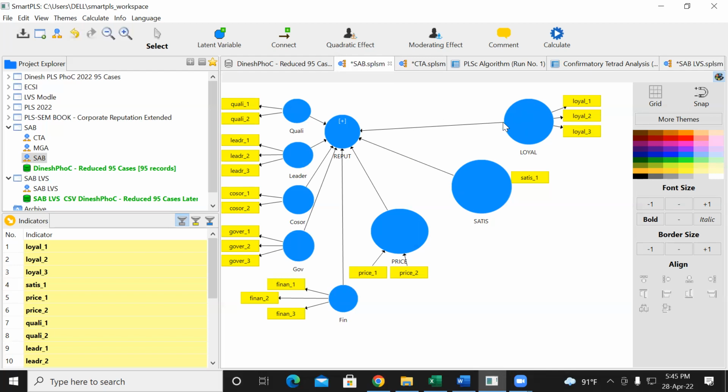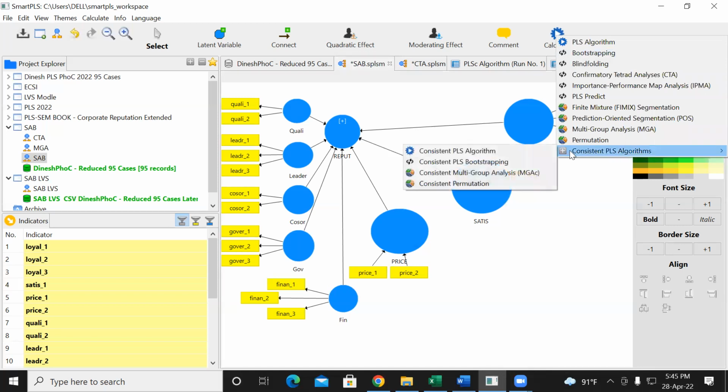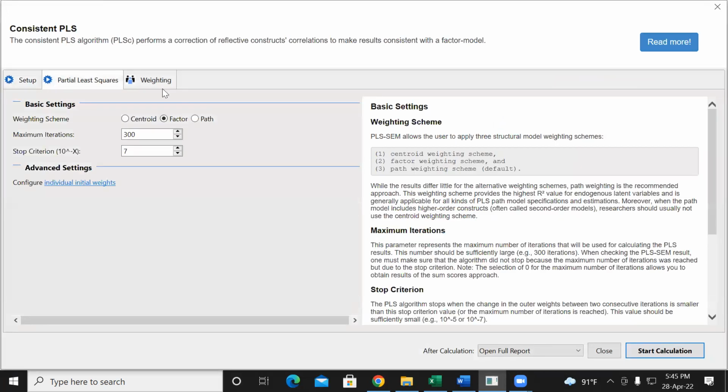Dimensions also are understood as independent variables. Then what's happening? I am running the model, see the issue. We go for path focus. Start calculation.